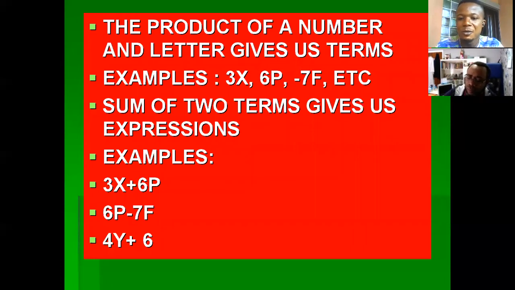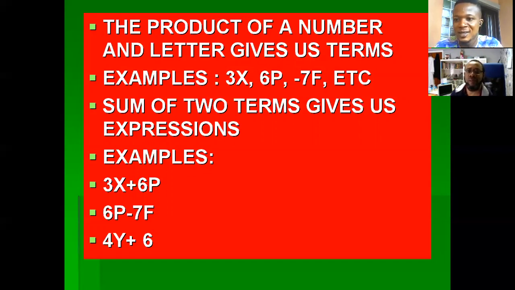When we sum 4y and 6 together, we get what we call an expression, 4y plus 6. But that 6 is not a term, right? It's just a number. But we still call it an expression because we have got something more than a term.